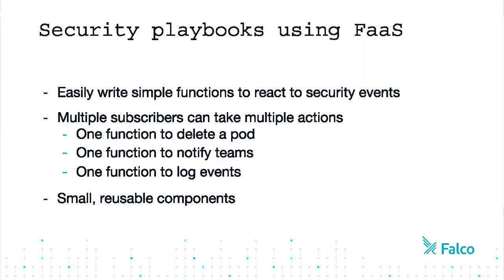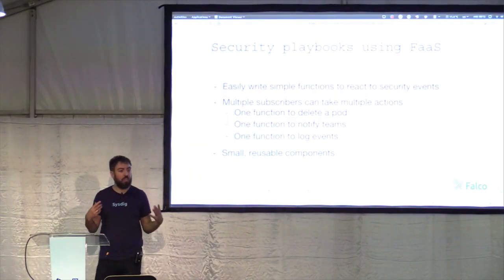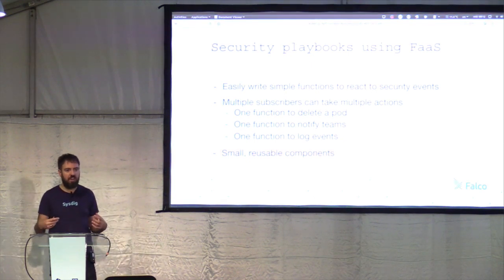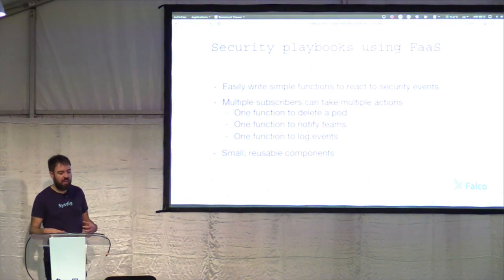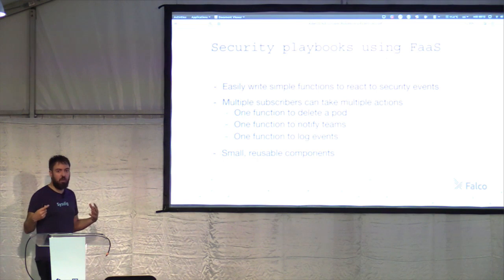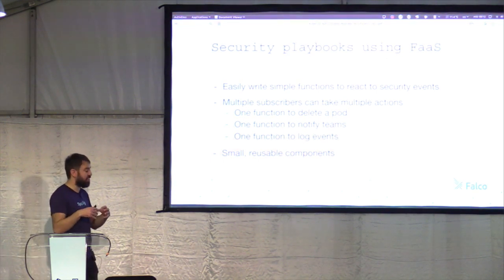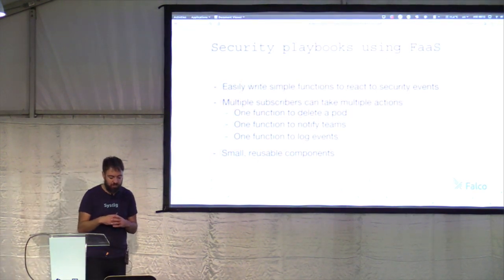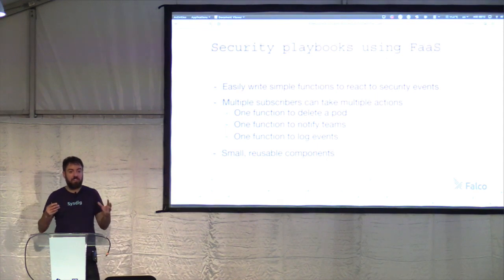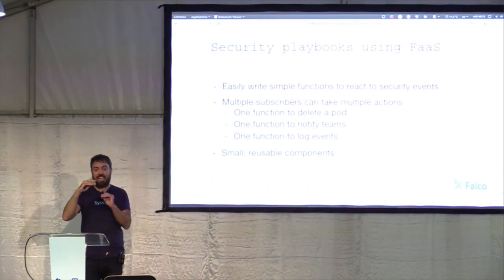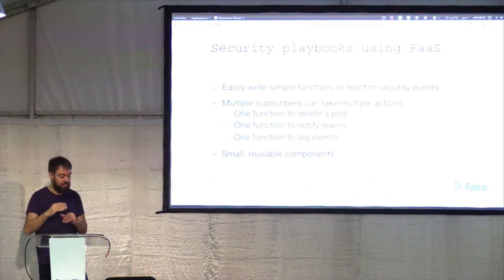And what's really interesting here, and I'm really passionate about, is how we can leverage functions as a service to respond in a very fast, dynamic way to our security events in our containerized infrastructure. Functions as a service are very small, short, easy to understand, straightforward pieces of code.